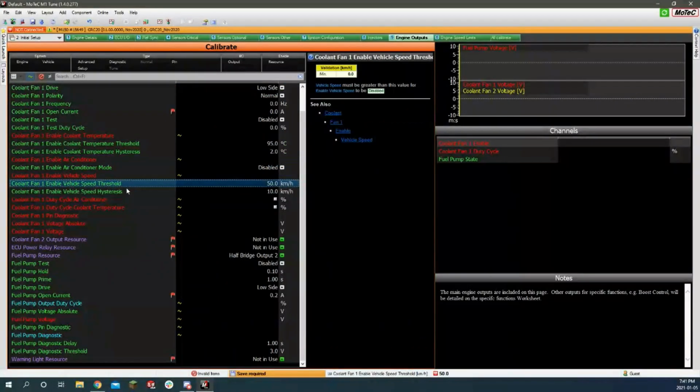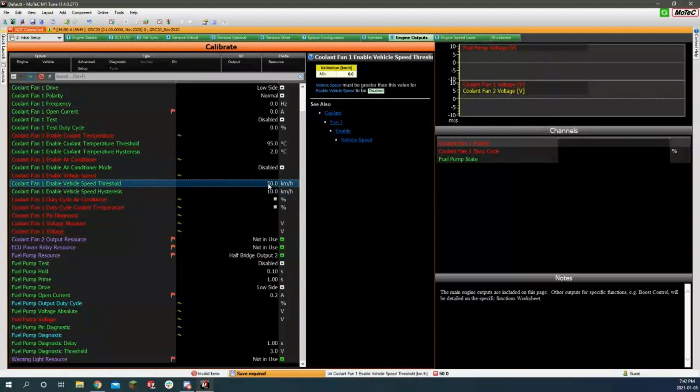This ECU does a wide variety of things. I can also tell the fan to just turn off over 50K, and there's a hysteresis, so if it falls below 40, it comes back on. That's because after a certain speed, it's not terribly useful, and we don't want to be using it unnecessarily because our electrical system is quite stressed as it is.